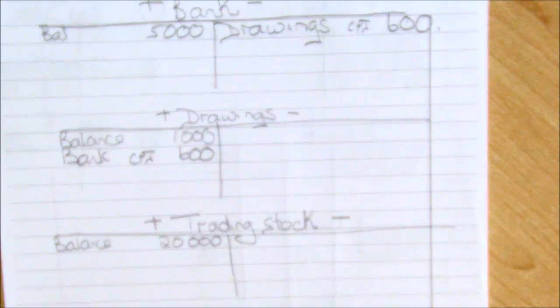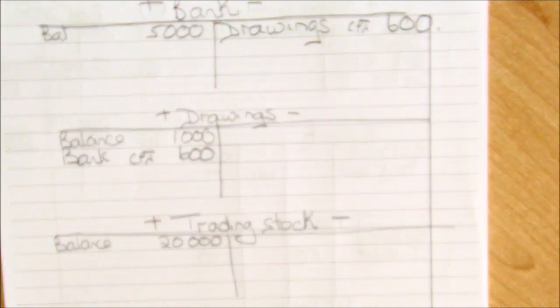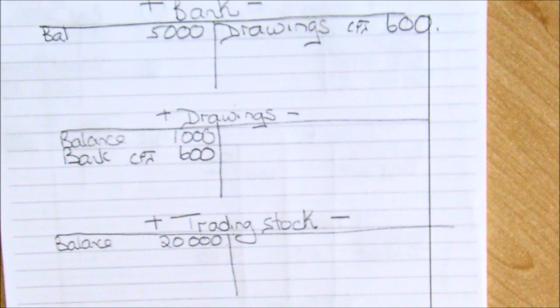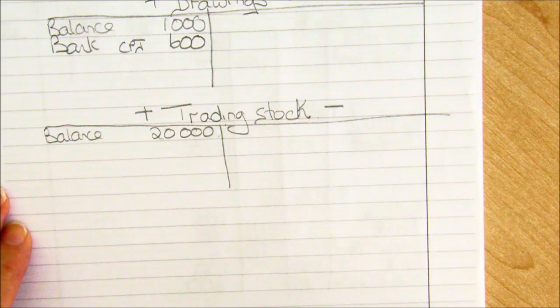But now, the owner doesn't only take money for his own use, but he might take trading stock, he might take stationery, he might take some consumable stores. He can take anything out of the business for his own use. Now, let's take an example that he's going to take 800 Rands worth of trading stock for his own use. Now, you've got an account for trading stock, which would be an asset.